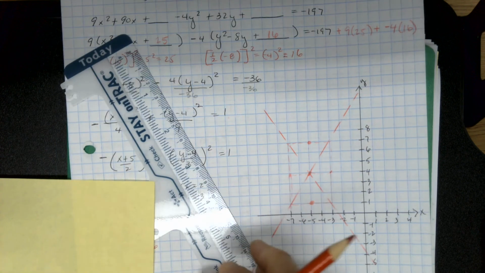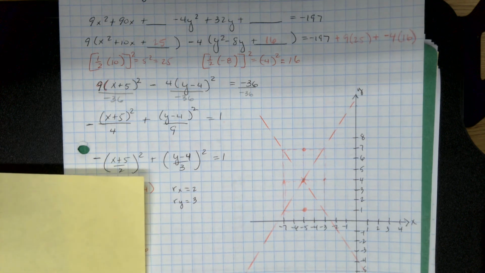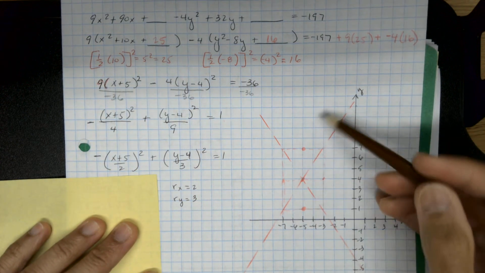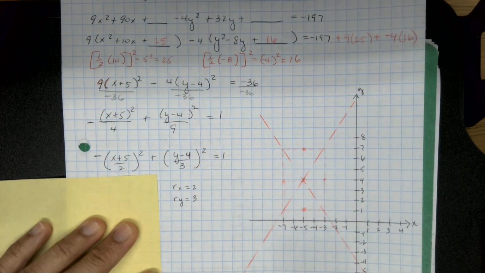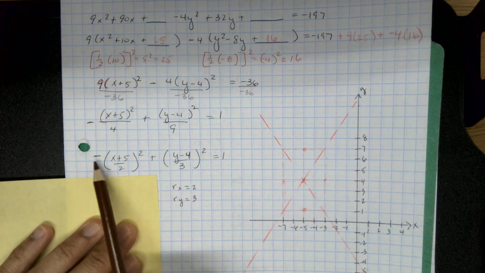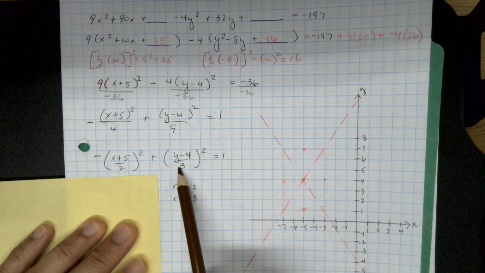Okay. Next thing we're going to do is determine whether the hyperbolas open vertically or open horizontally. To determine that, you have to check which one has a positive coefficient. If we look at these two here, the one that has a positive coefficient is the y.